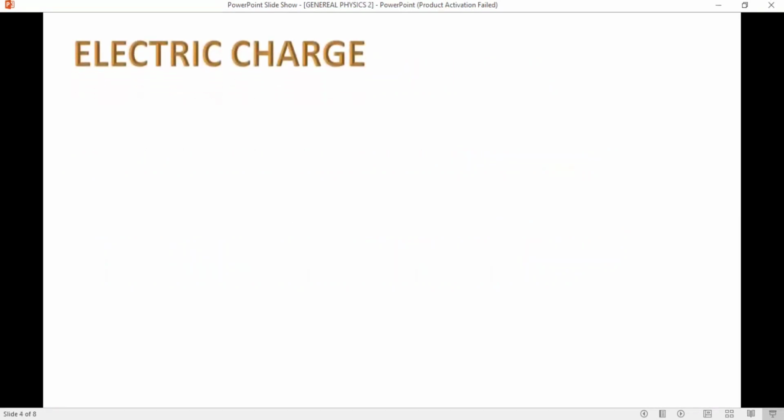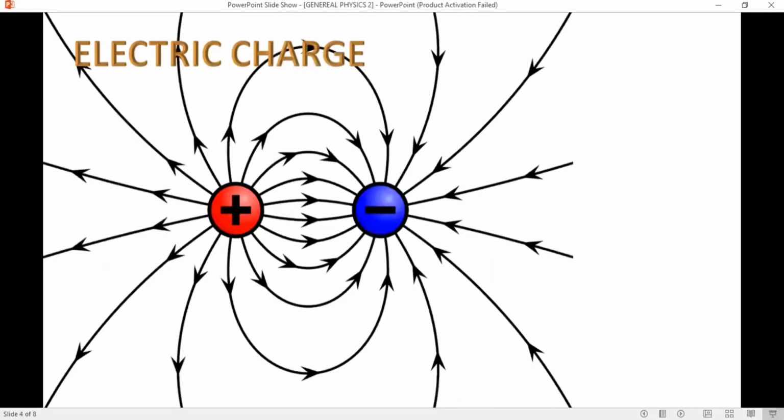So what comes to your mind when you hear the word electric charge? What is electric charge? What is your prior knowledge about electric charge? Anyone? You can comment it down on the comment section of what do you mean by electric charge. When you see this picture, you have there a positive and negative sign.